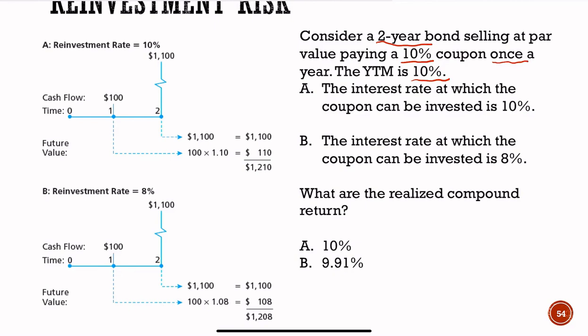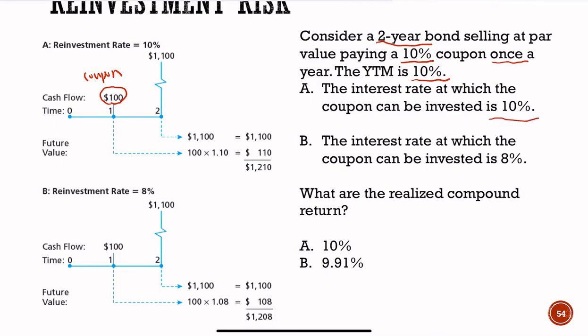In the first case, let's look at the cash flow here. On day 1, you will get $100 of coupon payment, right? So it's basically 10% times 1,000 par value. And on the date when you receive your coupon, you will reinvest your coupon payment. And we assume the reinvestment interest rate is 10%.